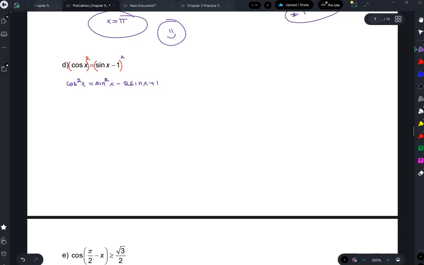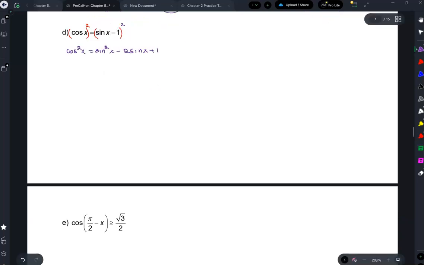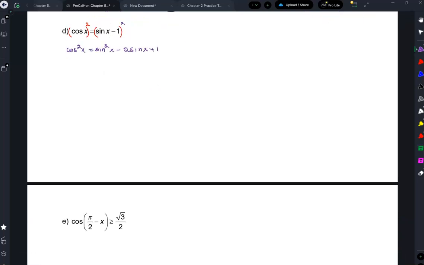So now I need to change some of these identities. So cosine squared is the only one with a cosine, so I want to insert a trig identity over there. So cosine squared x, we know, is 1 minus sine squared x, which is equal to sine squared x minus 2 sine x plus 1.